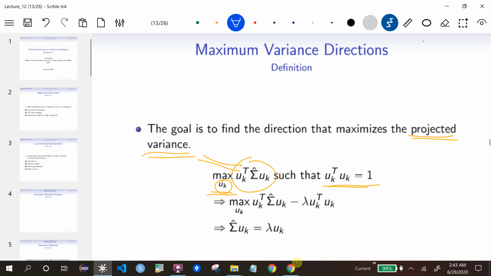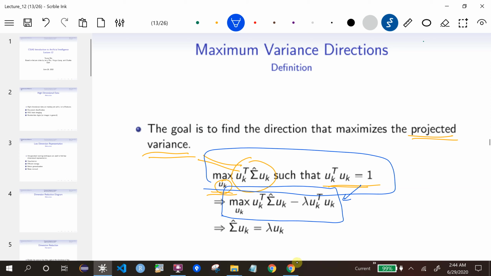So the bad news is when we talked about regularization, we didn't talk about Lagrange multipliers, so I don't really want to introduce them here. Let's just say that for some reason we can convert this constrained optimization problem to this maximization problem here.